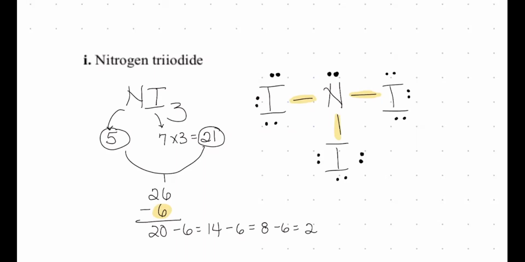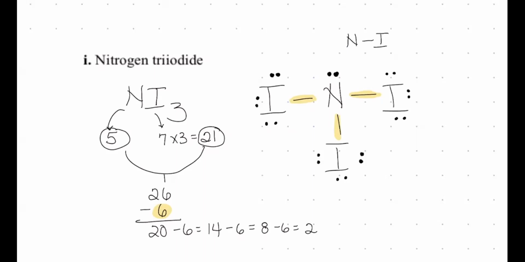If I'm asking about bond polarity, the question is going to say the type of bond, okay? In this molecule specifically, we are comparing nitrogen to iodine. And when you're looking at bond polarity, again, the question will say bond polarity.